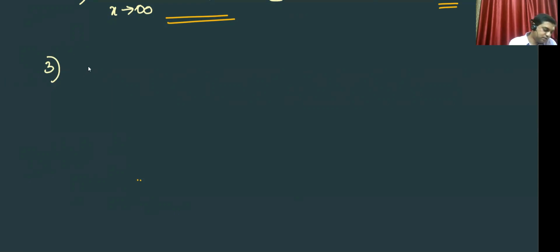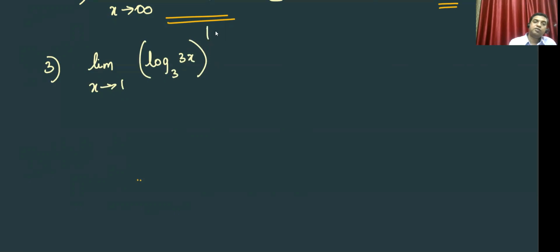So find limit x tends to 1, logarithm of 3x to the base 3 whole to the power log 3 to the base x. So how will you do this problem?